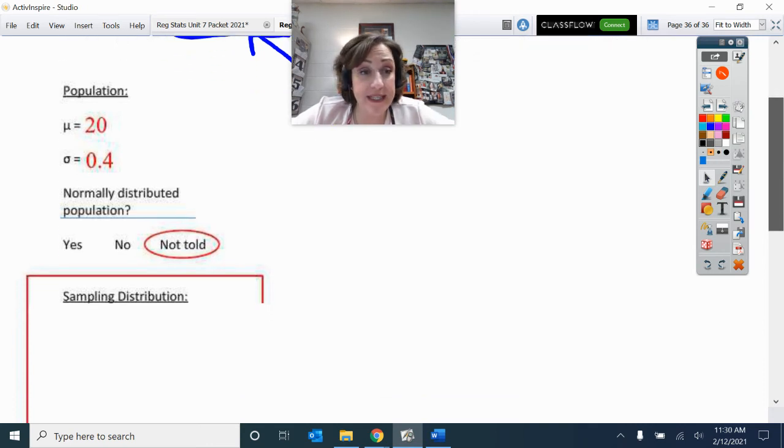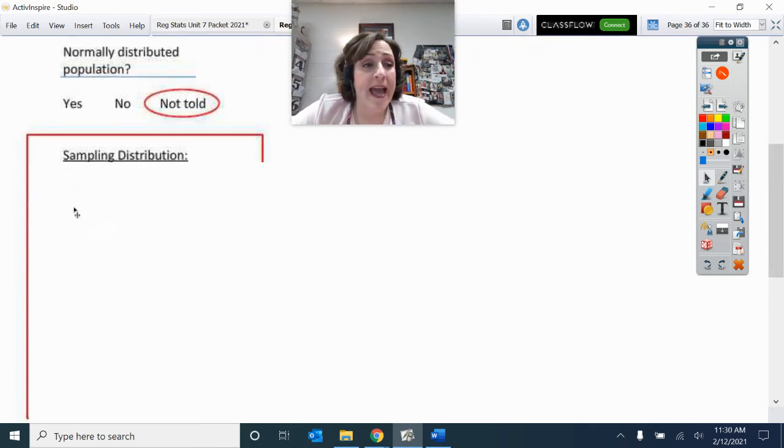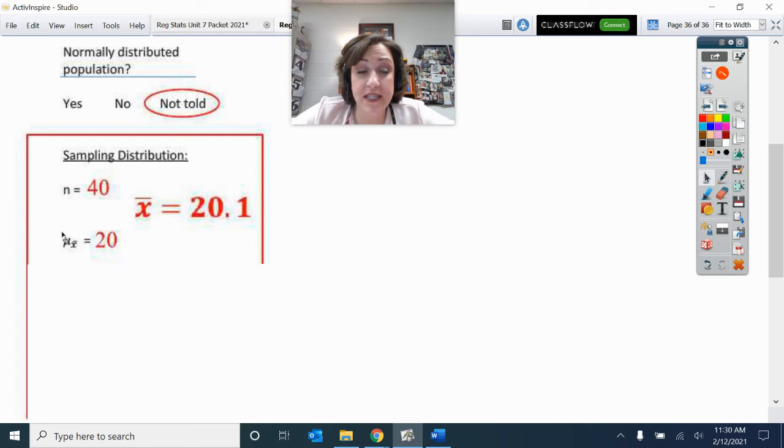So then I have to make a sampling distribution. And so samples of size 40, the average of the X bars are centered at 20 with this smaller standard deviation, because it's the population 1 divided by the square root of 40.